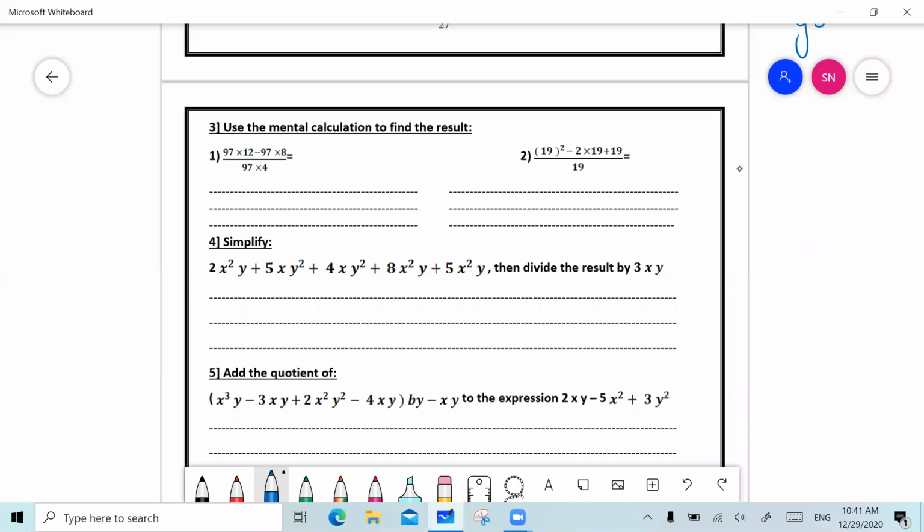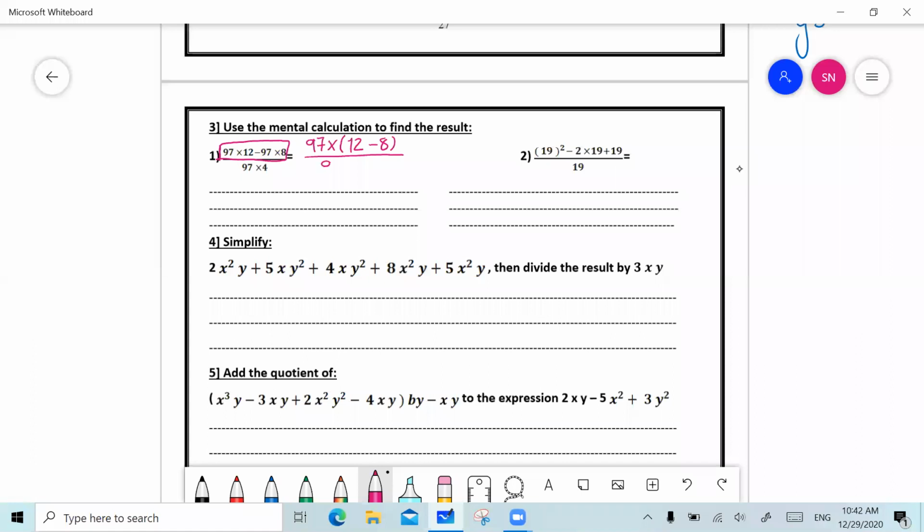Okay, now in page 28, question number 3, we are going to use the distributive property that we used in unit 1. Here we have 97 times 12 minus 97 times 8. So this is equal to 97 times, open a bracket, 12 minus 8, just like the one you have in your quiz.